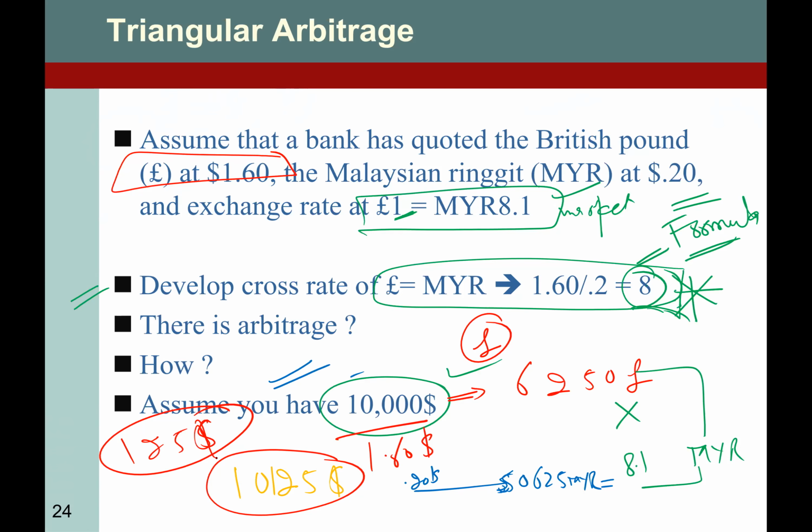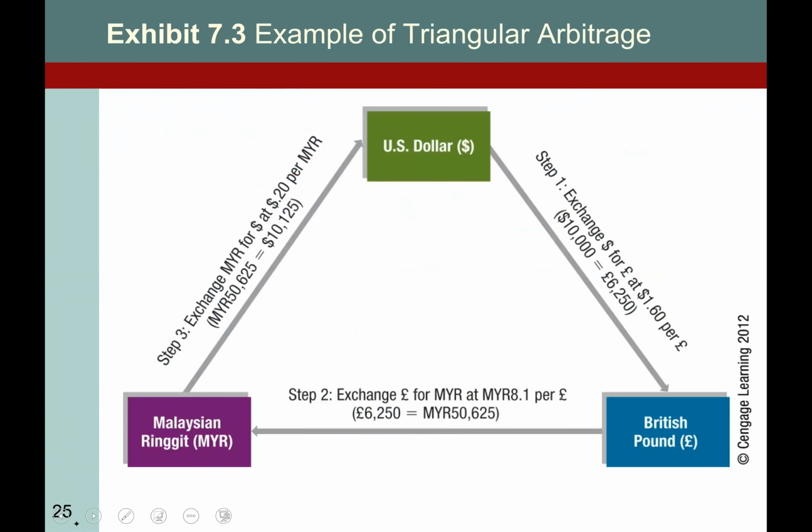Do you understand the logic behind triangular arbitrage? So let's see the solution here in the book. In step 1, you found out that Malaysian ringgit over pound is 8.1 in the market. According to your cross exchange rate, it should be 8.